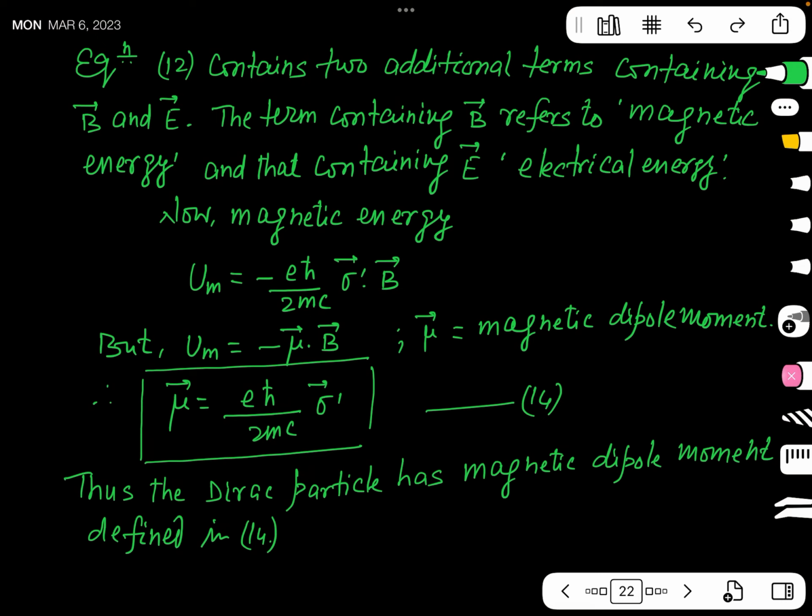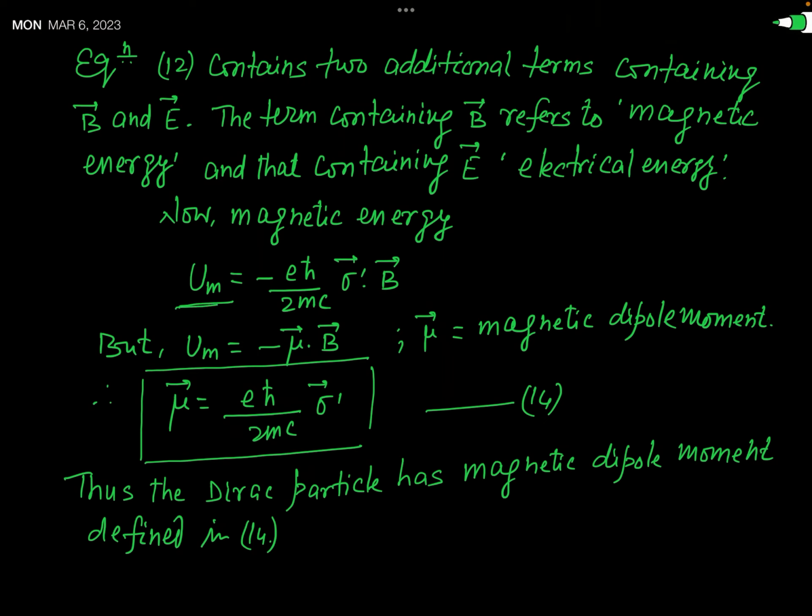So what will be the magnetic energy and the electrical energy? Now you can see. If you say that due to this interaction the magnetic energy developed is represented by UM, then UM is equal to what? You can see the equation. This is minus eh bar by 2mc sigma dot B. But you know, the classical expression for the magnetic energy of a magnetic dipole placed in a magnetic field is what?